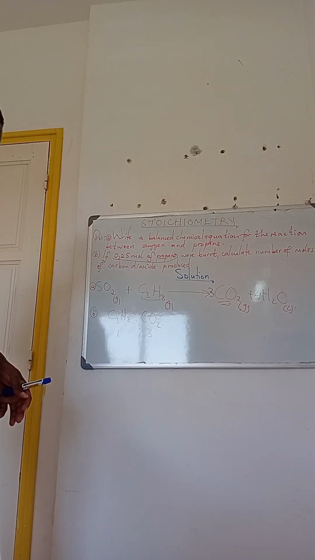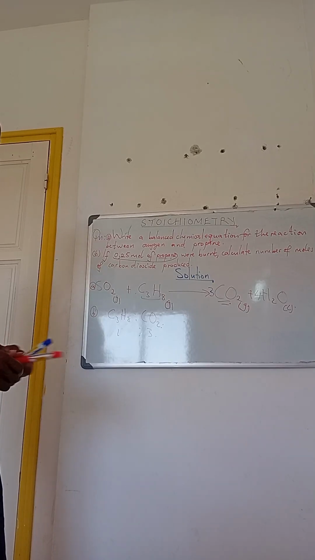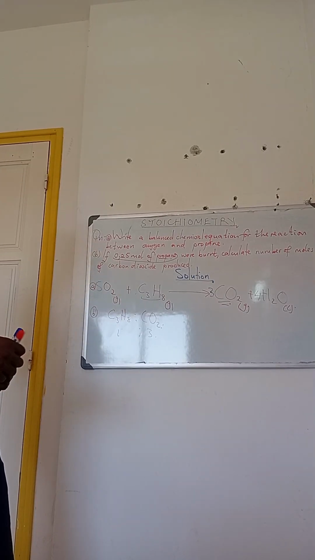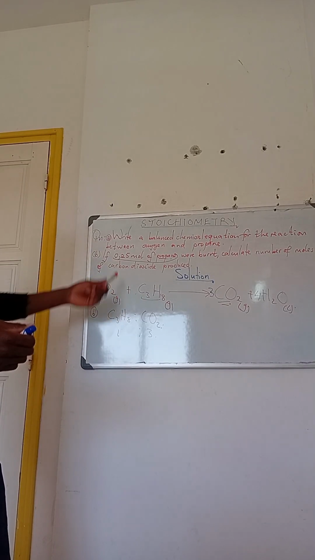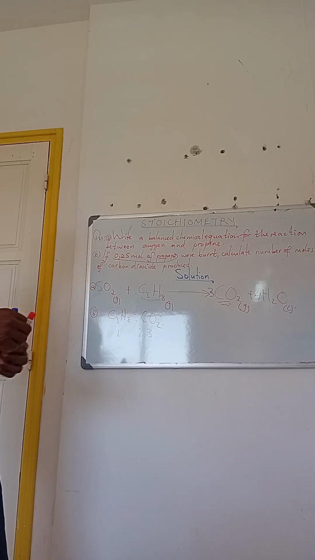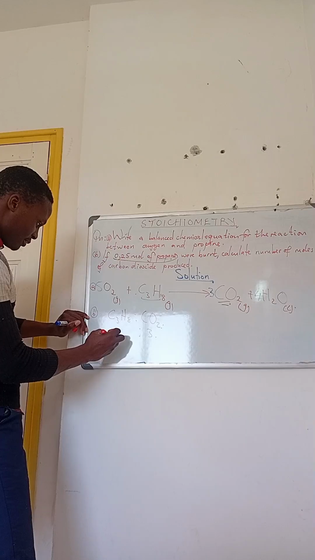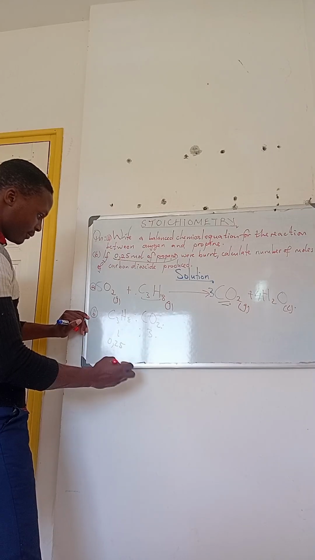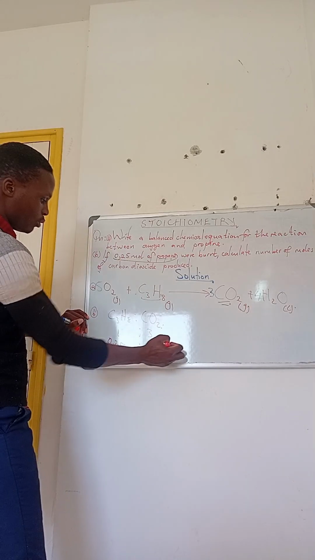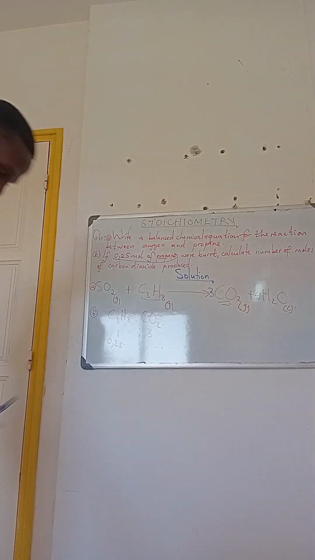For us to calculate the quantity of carbon dioxide produced with this given quantity of propane, we can say 0.25 corresponds to what?